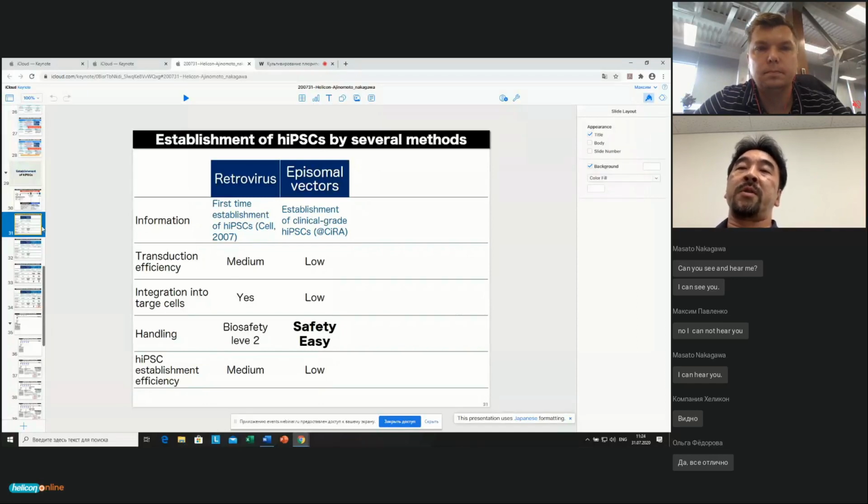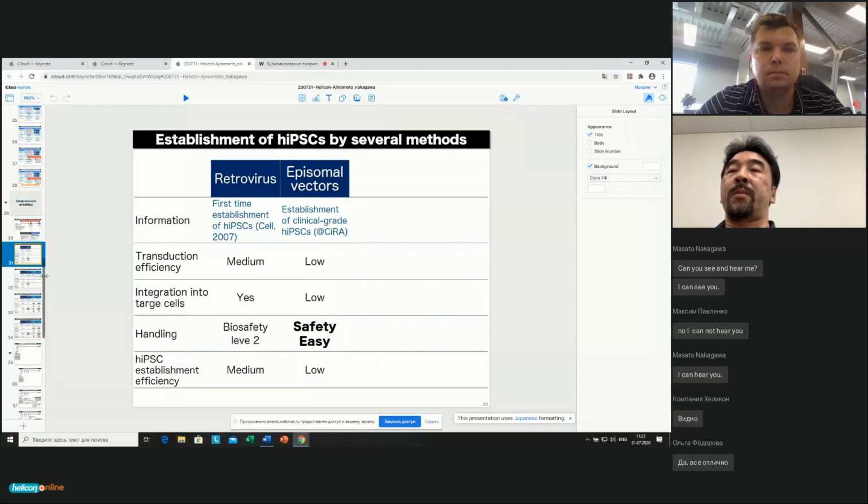First, we used retrovirus for the transduction of the reprogramming factors into the somatic cell. This was used for the first establishment of human iPS cells in 2007, and this is the first generation of the transduction method. The second generation method is episomal vectors, which are plasmid vectors.